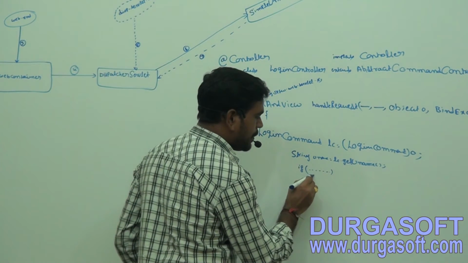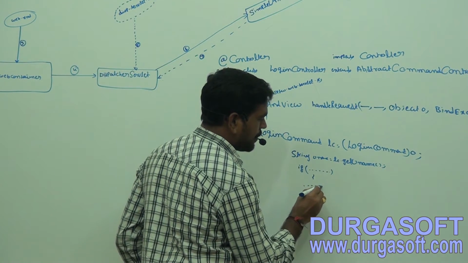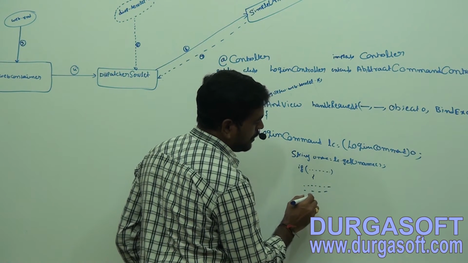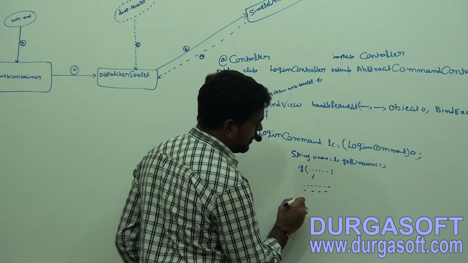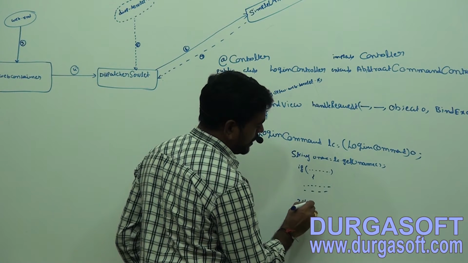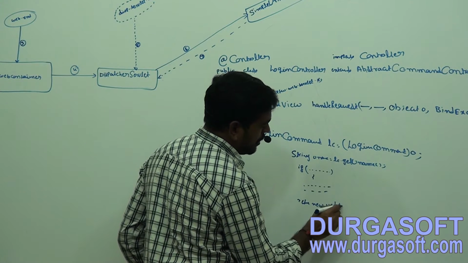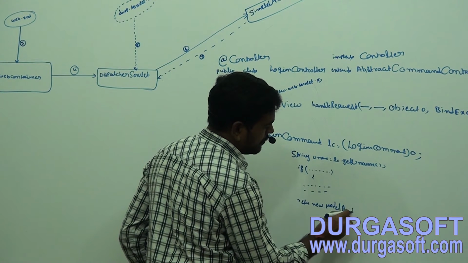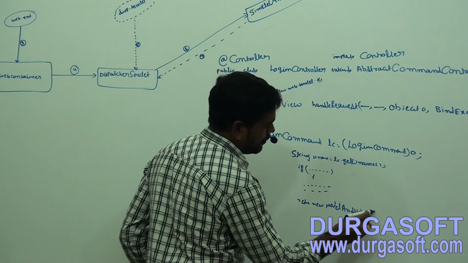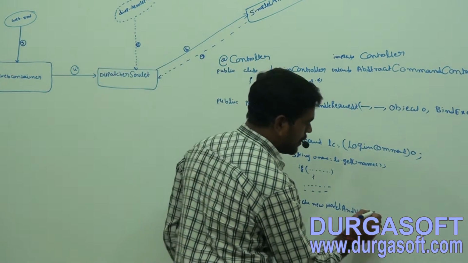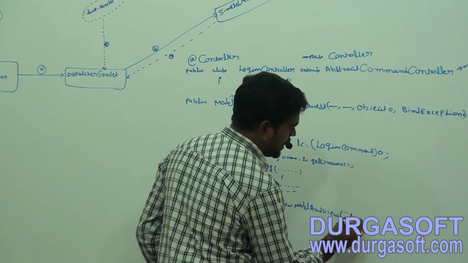If it is small business logic, we can write it right here itself. Then after that, return new ModelAndView. Return ModelAndView, and here failure.jsp.